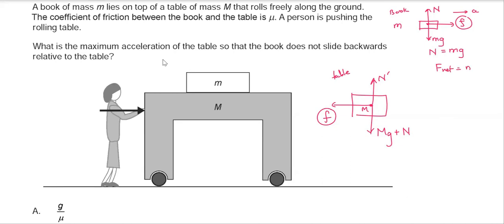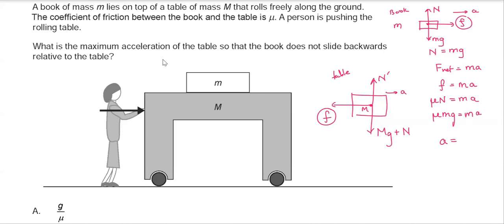So net force is equal to ma, so friction force would be equal to mass times acceleration, and friction force can be written as mu times N, where mu is the coefficient and N is mg.